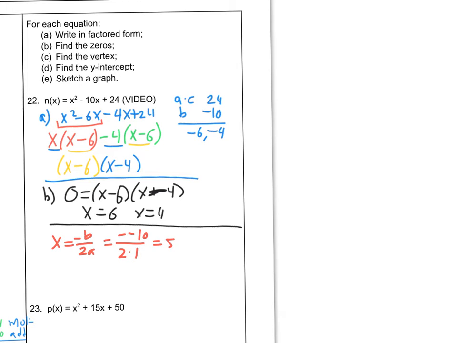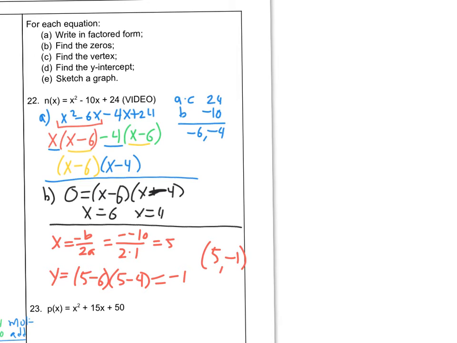Then I've got to plug that in. Doesn't matter what I plug it into. I tend to like plugging it into my factored form. So we've got y is equal to 5 minus 6 times 5 minus 4. And when you do 5 minus 6, you get negative 1. 5 minus 4 is 1. We get 5 comma negative 1 is my vertex.